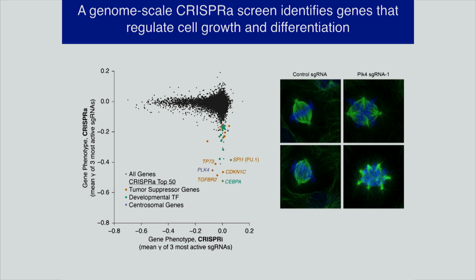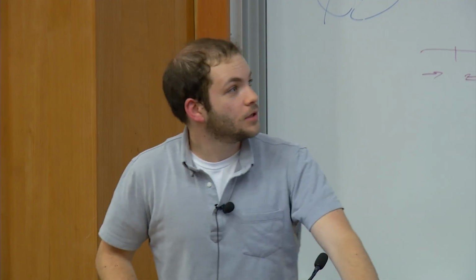So this is an activation of polo kinase 4, not in K562s, in a retinal cell line that Jonathan showed some microscopy from before as well. It's thought to be involved in centriolar duplication, and so activating it causes some crazy mitotic figures with lots and lots of centrioles.